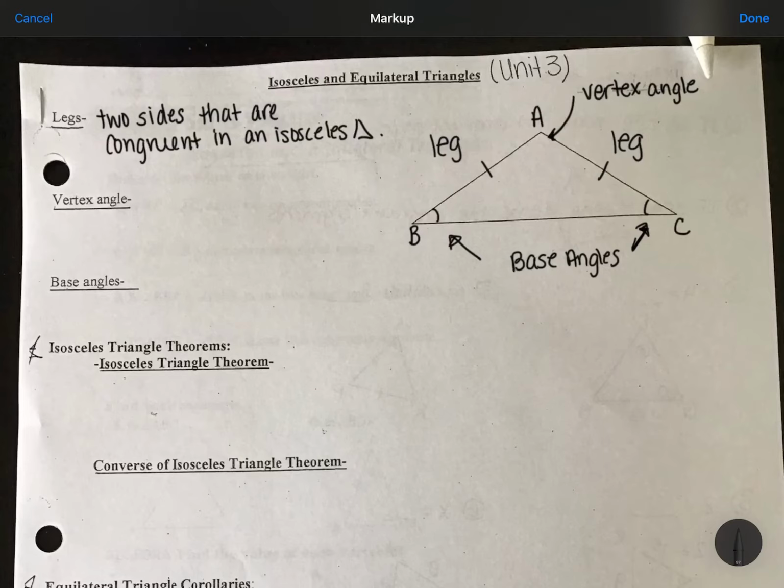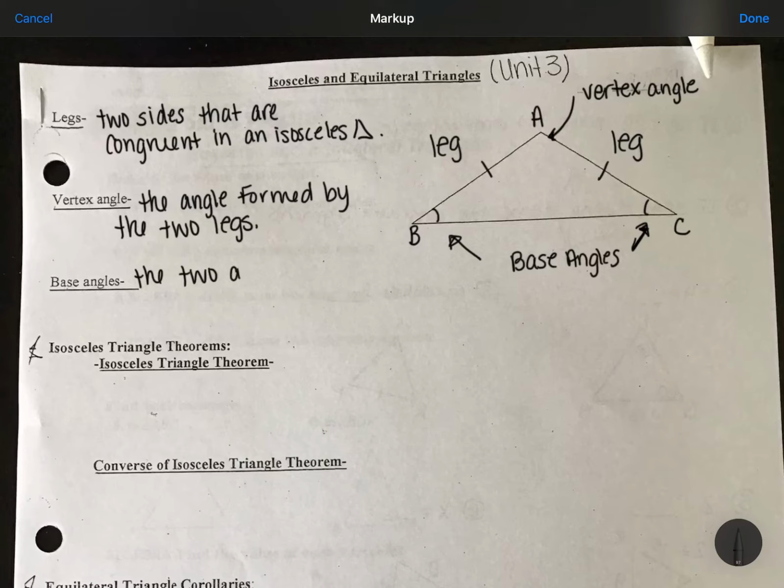The vertex angle is the angle formed by the two legs. Base angles are the two angles formed by a leg and base, and there's two of those.